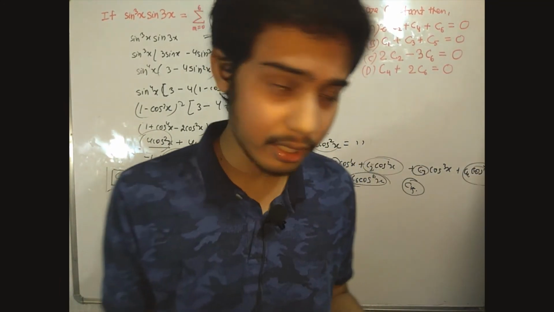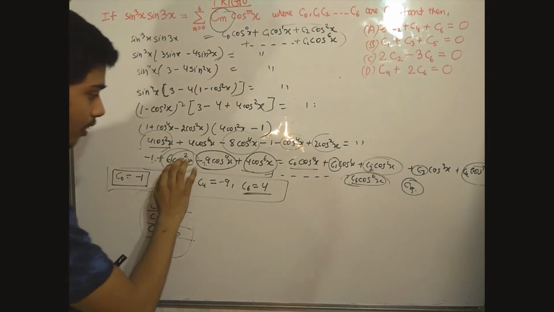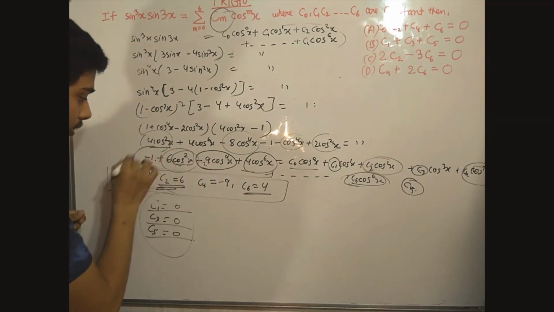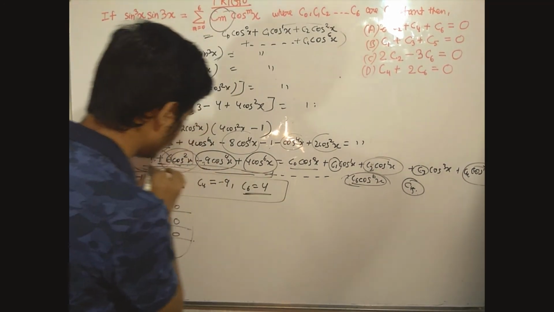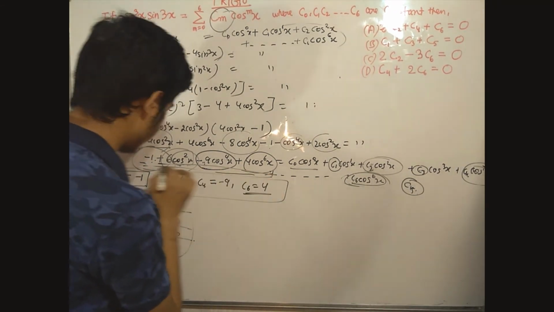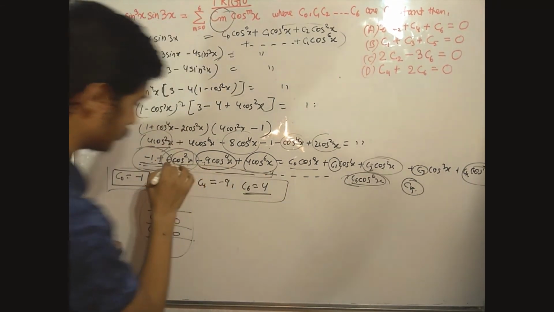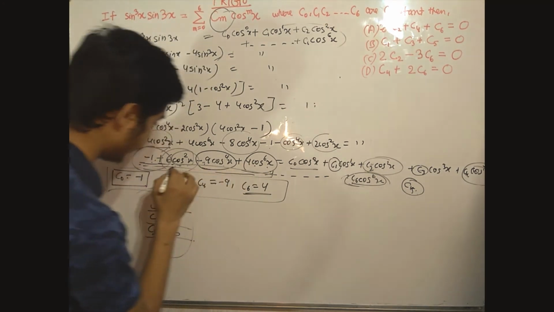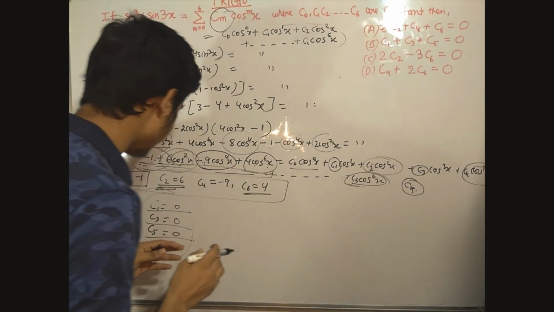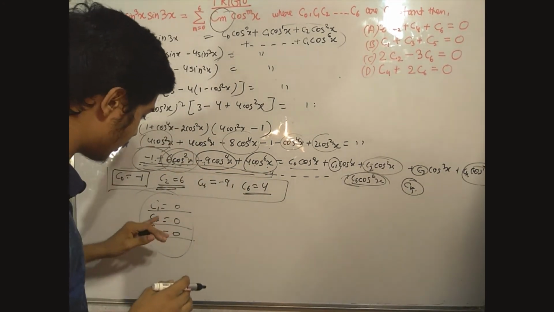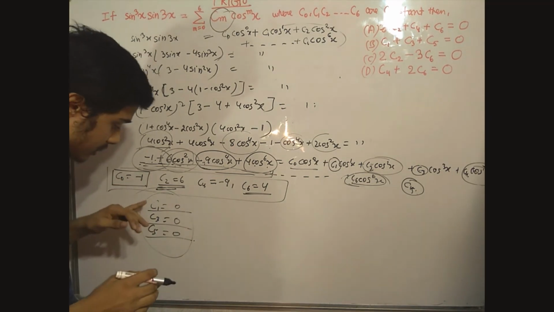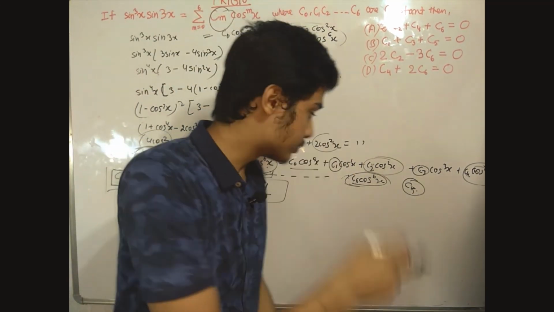Here we can see we have already utilized all the terms, so no terms are remaining. So we'll write the values of the coefficients C1, C3 and C5 as 0.